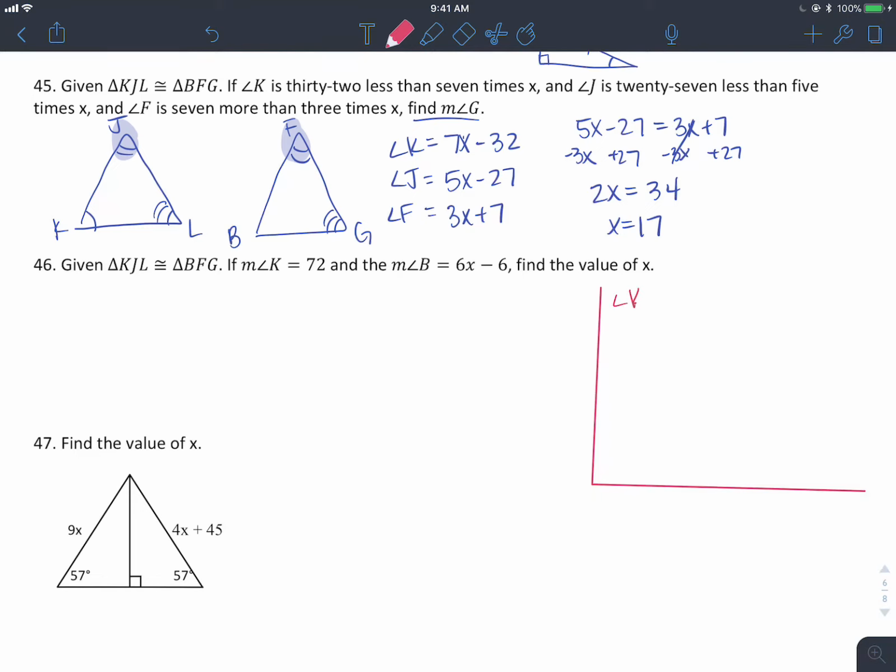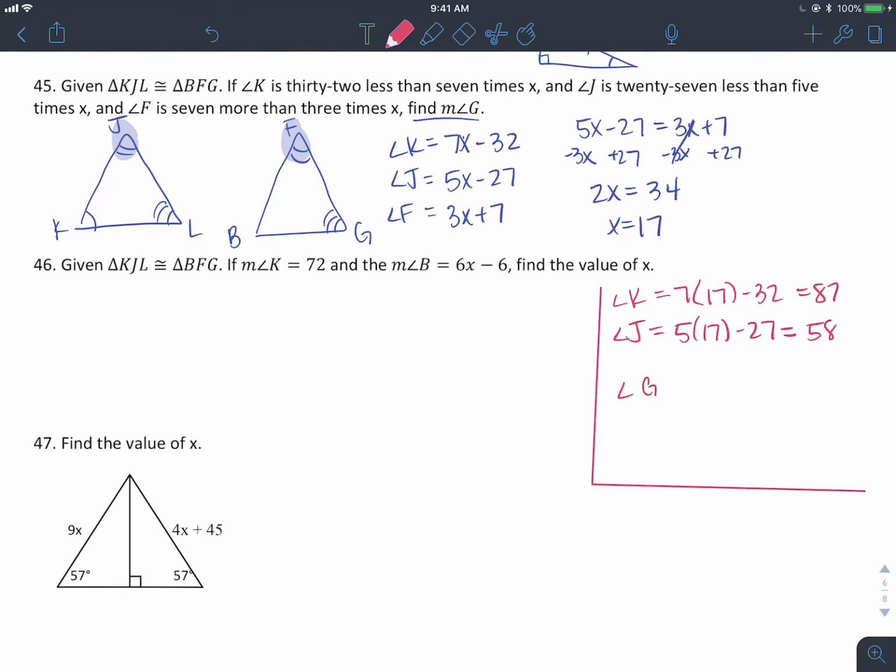So angle K is 7 times 17 minus 32. Let me calculate that real quick. So 7 times 17 minus 32 is going to give us 87. Angle J is 5 times 17 minus 27, which is 58.